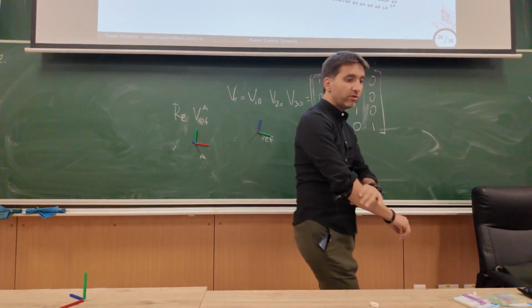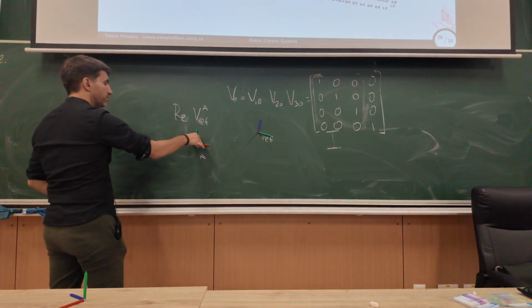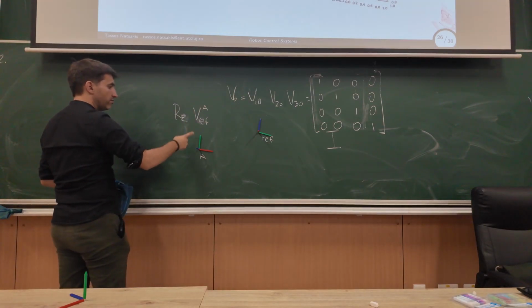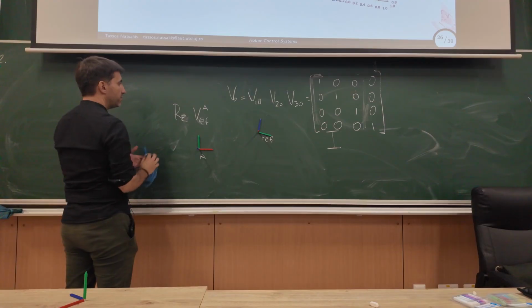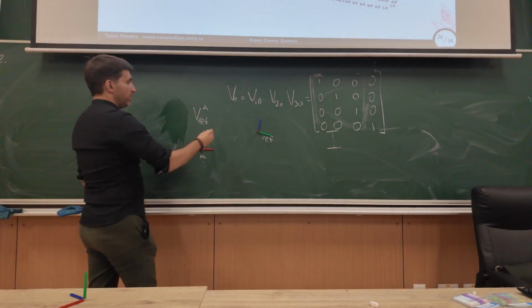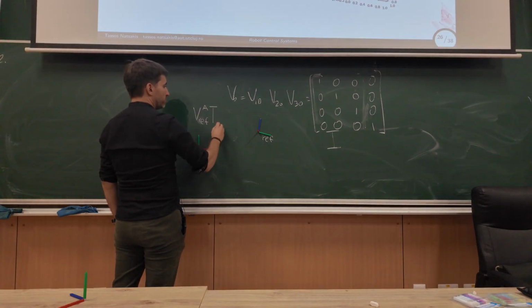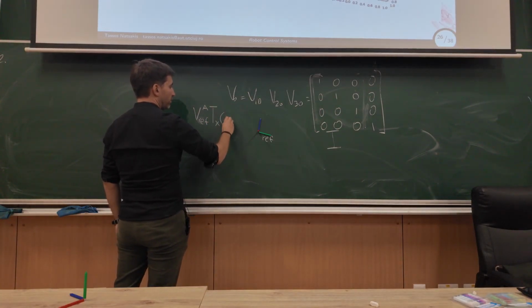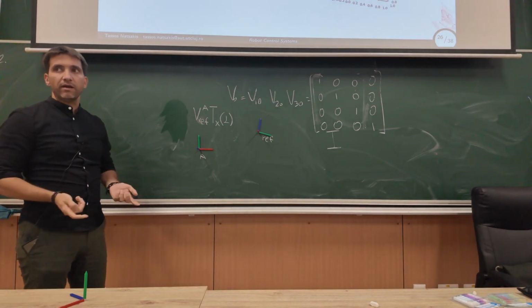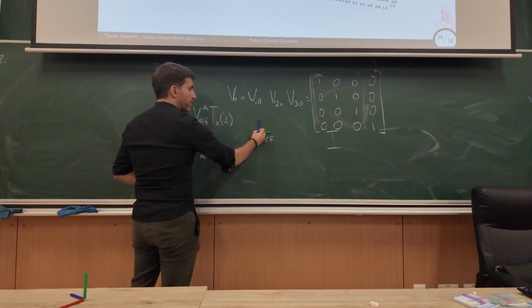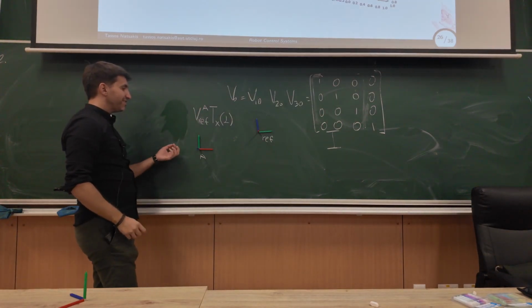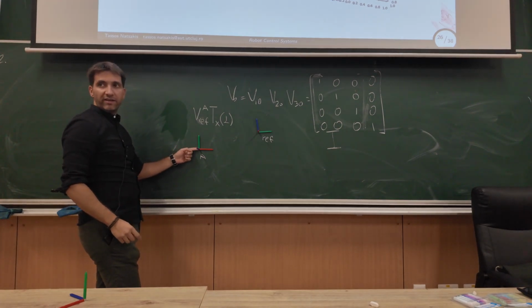Now what happens if I multiply from the right? I have the same reference frame, the same coordinate frame A here, and now I do a translation on X by 1 unit, and I multiply this from the right. Now I don't translate along the reference X-axis, I translate along its own axis.